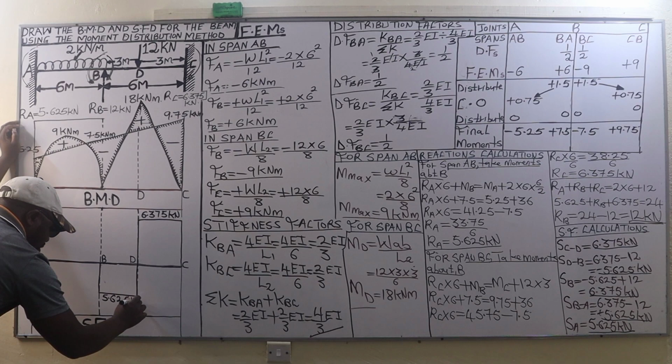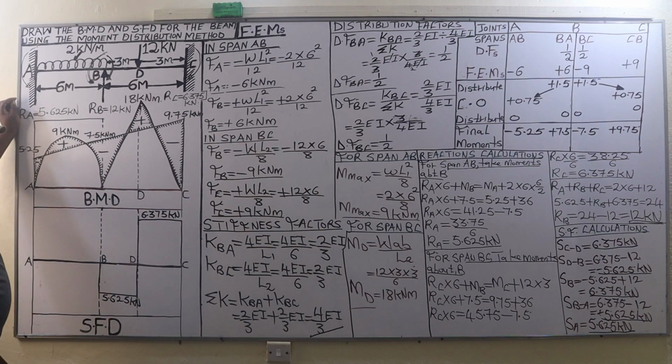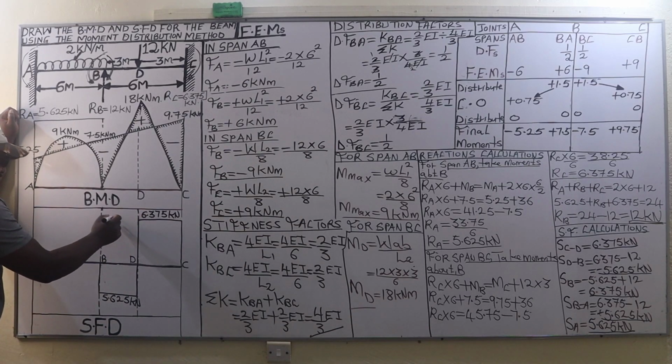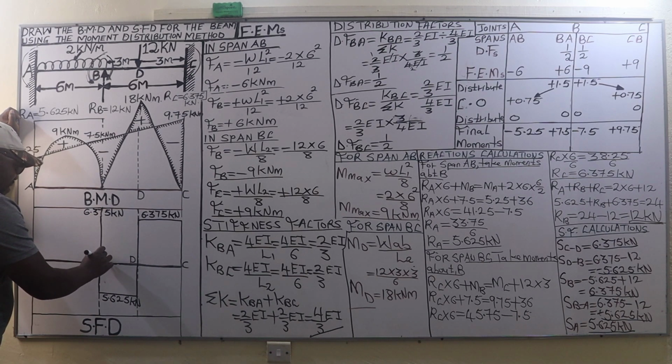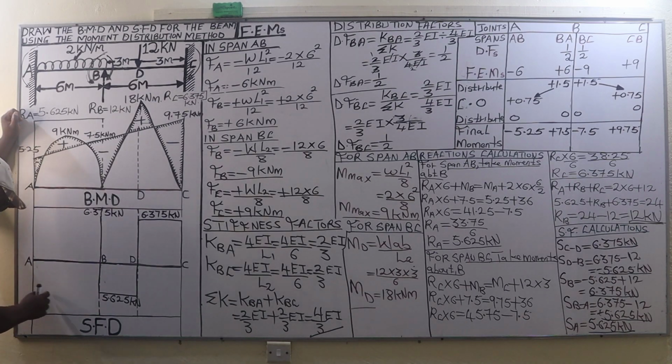So this is 5.625 kilonewtons. Shear force at B, we got it as positive 6.375. Let's say that is the point. So we have 6.375 kilonewtons. Then join it to the horizontal line. Then the shear force between B and A will change uniformly from 6.375 to negative 5.625.